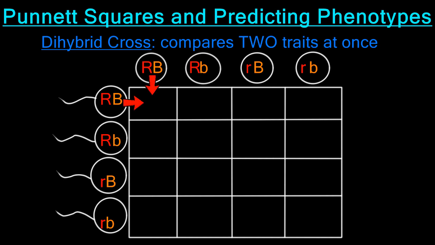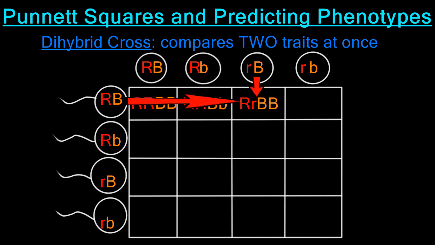If this egg and this sperm combined, we would end up with the genotype big R, big R, big B, big B. It's important to keep the R's and the B's together when we're writing the genotype in the offspring. This egg and this sperm would produce an offspring with the genotype big R, big R, big B, little b.